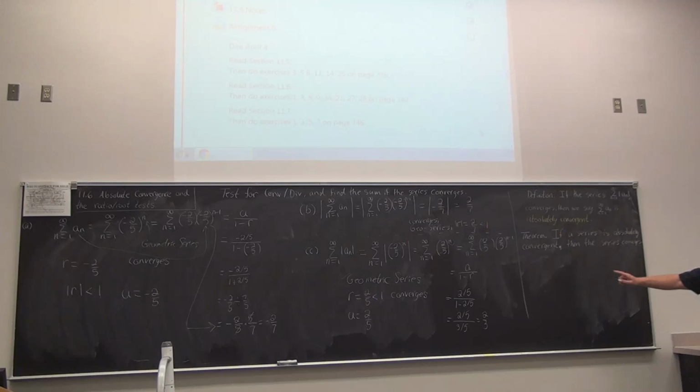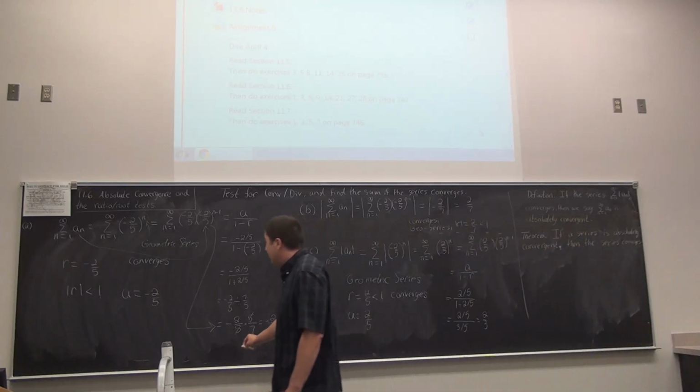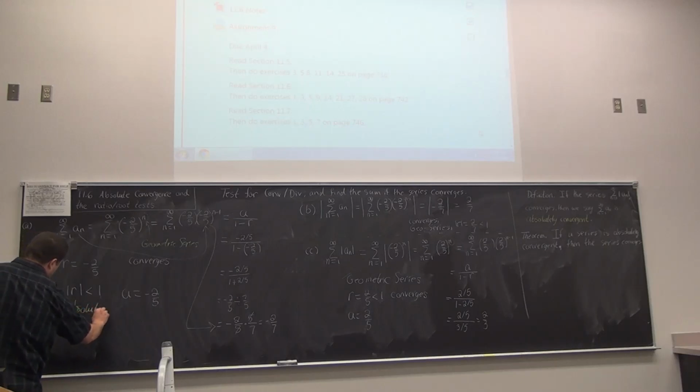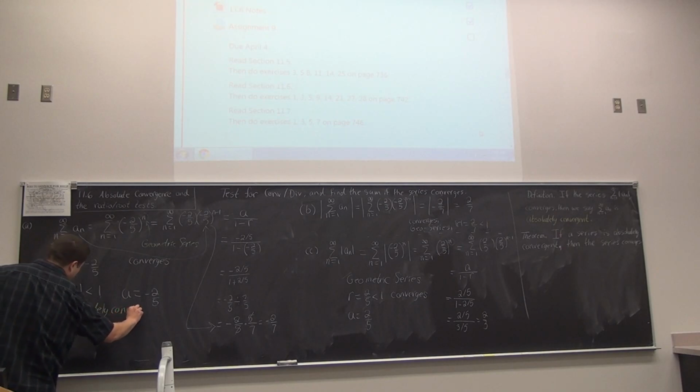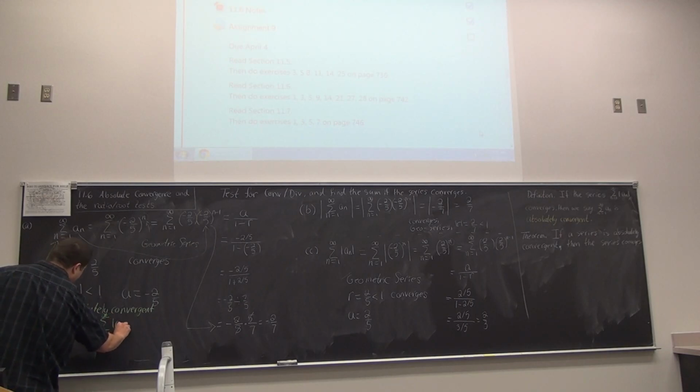And in this series that we've looked at so far, we can say that this is absolutely convergent since the summation as n goes from 1 to infinity of the absolute value of an converges.